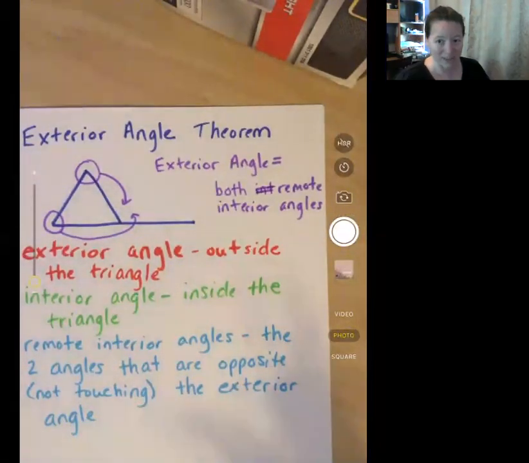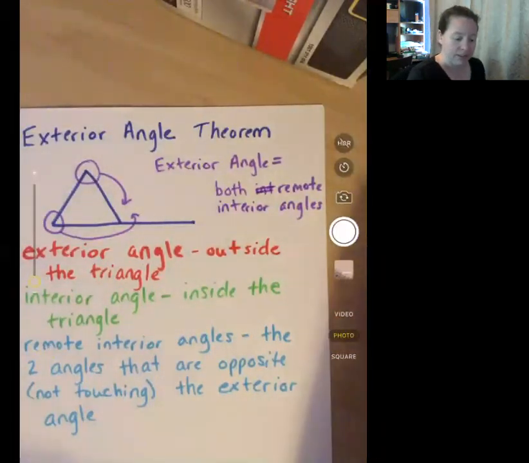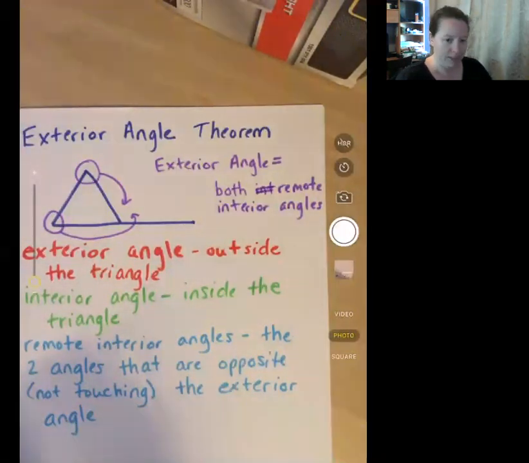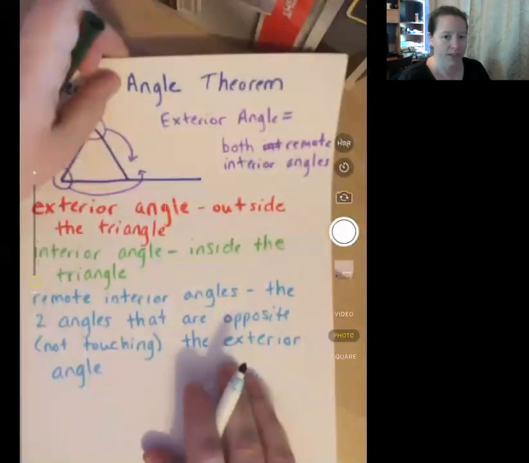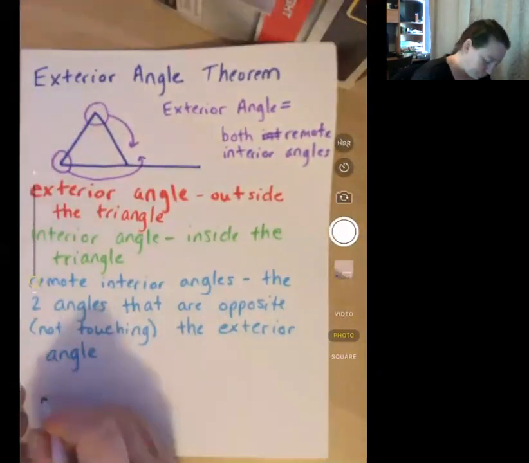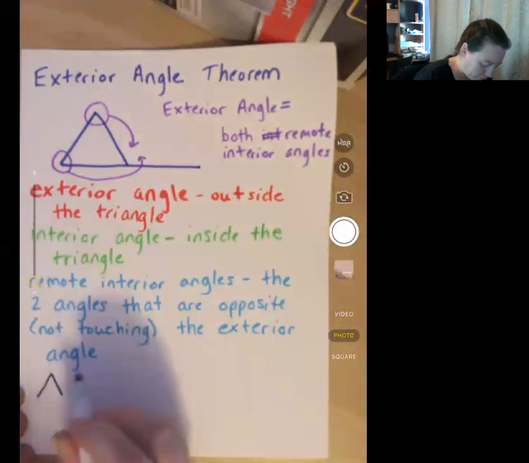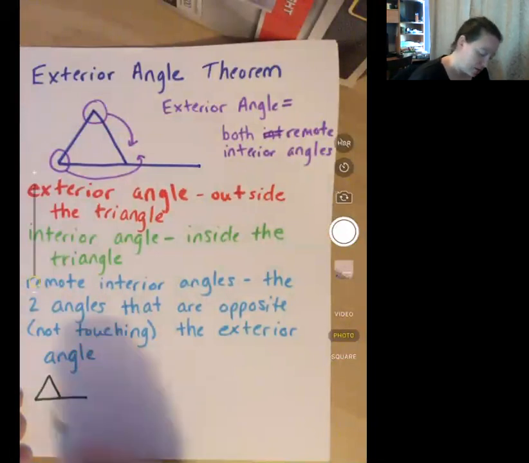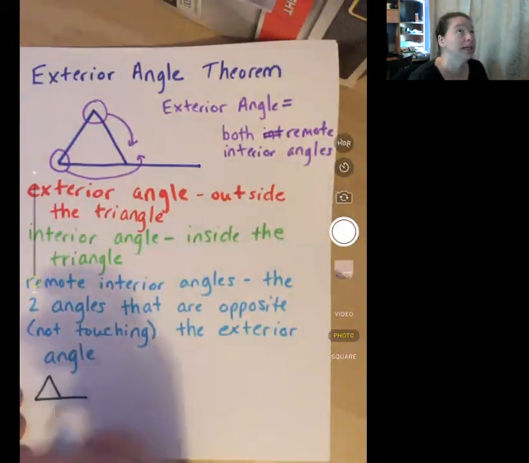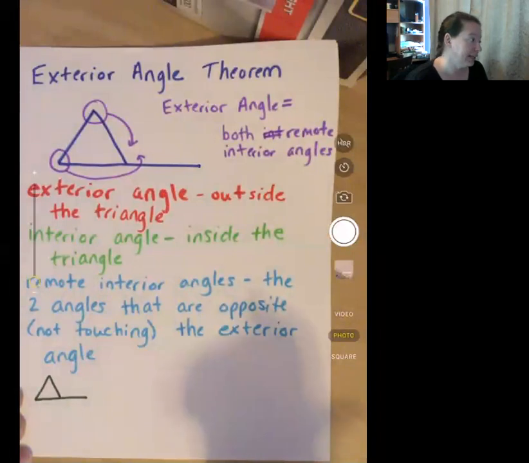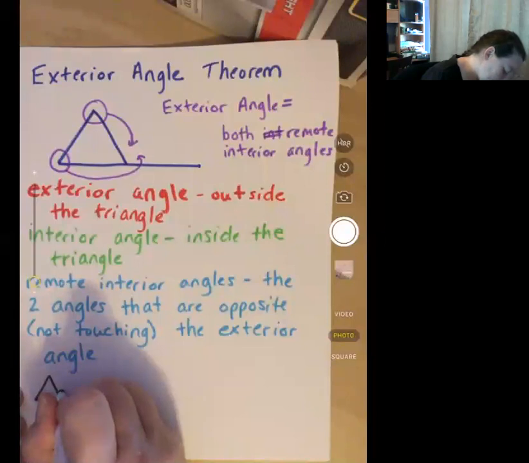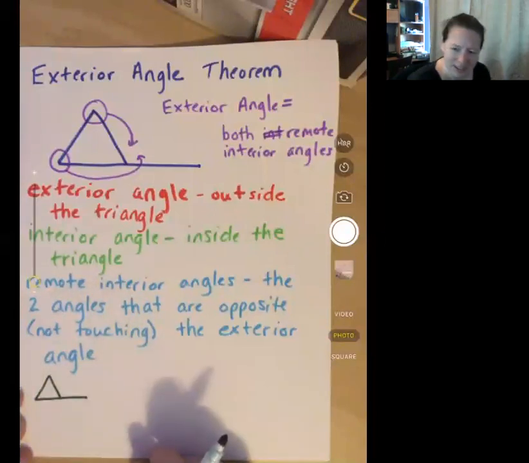So let me draw that and show you what it ends up actually looking like. So if I have this, just like what I have up there, and I am told that this is equal to, let's say, 100, no, sorry, 100.